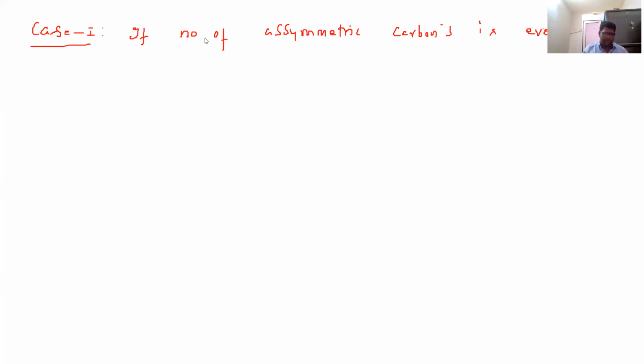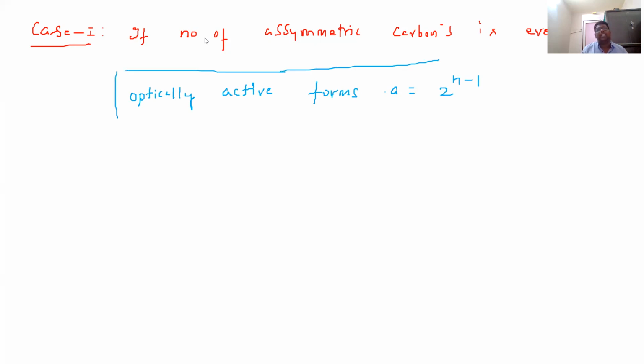what is the formula for the total number of optically active forms? A is equal to, what is the formula? 2 power n minus 1. Optically active forms are nothing but D and L isomers, student.